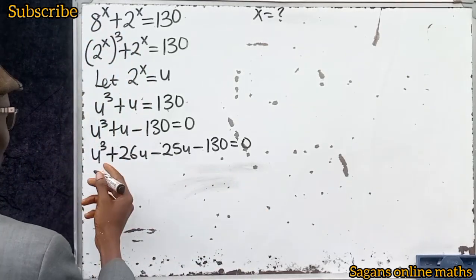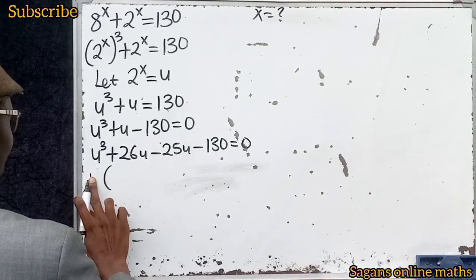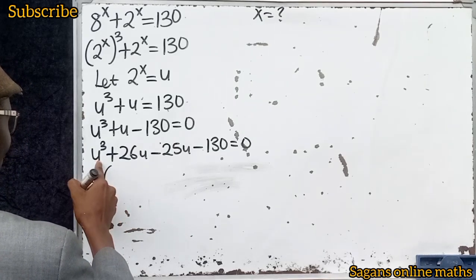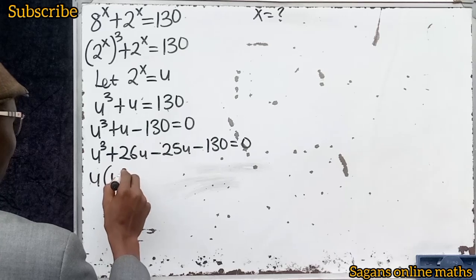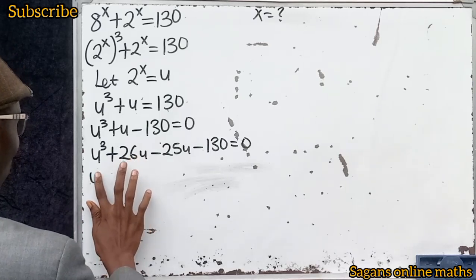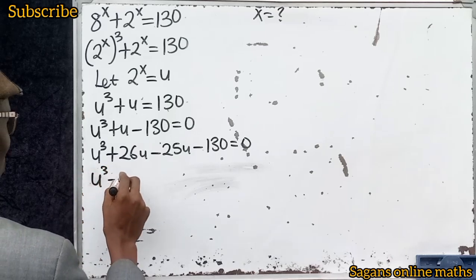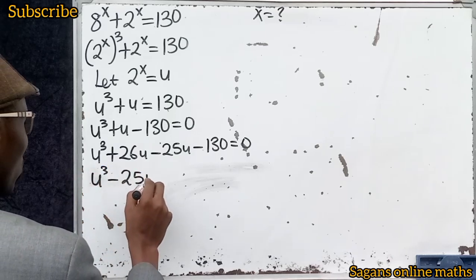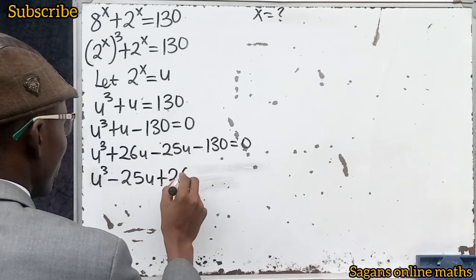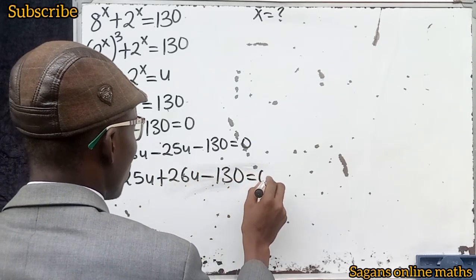Now consider from here u is common on the left hand side, so bring out u. Then u to the power of 3 divided by u will give us u squared. Before doing that, this now becomes u to the power of 3 minus 25u plus 26u, which is the same thing, minus 130 equals 0.